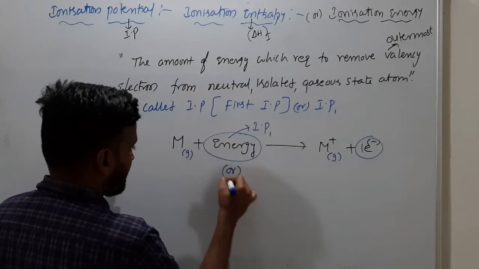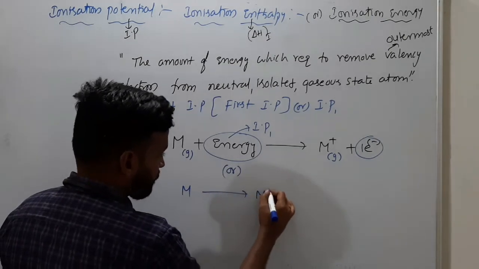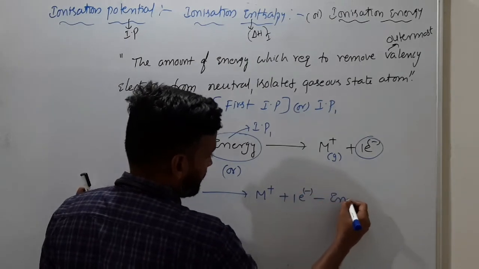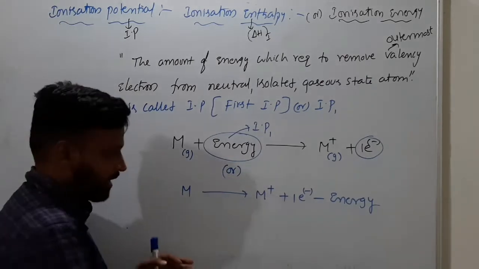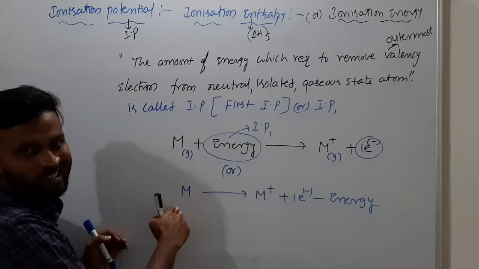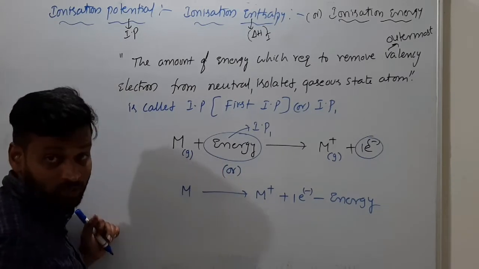The same you can write like this: M gives rise to M plus plus 1 electron and minus energy. This representation is also ionization potential. Here minus energy in the products is the same as plus positive energy in the reactants. Both indicate ionization potential.